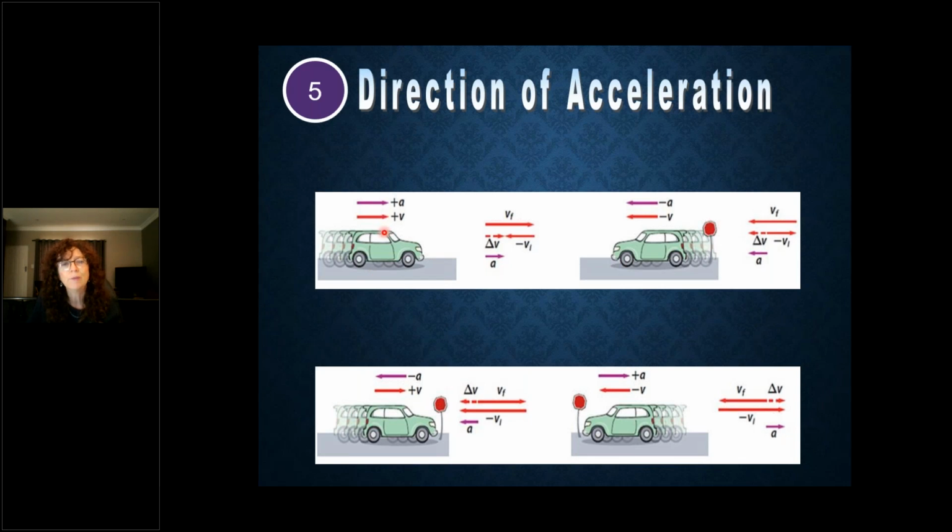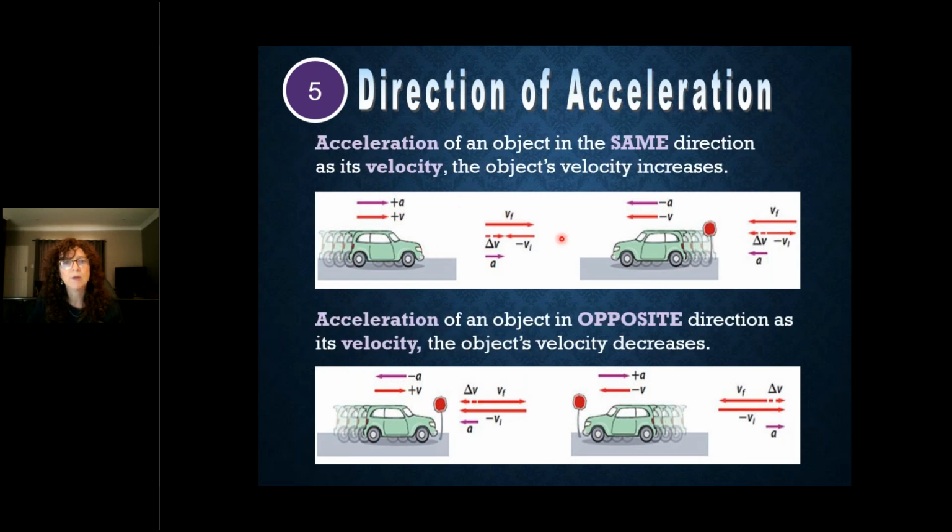If the speed is increasing, then you will have both the acceleration and the velocity in the same direction. Either way, if it's to the right or if it's to the left, you will see they are both in the same direction.